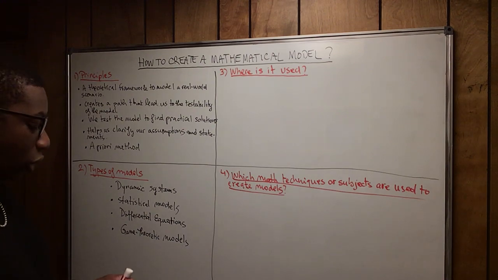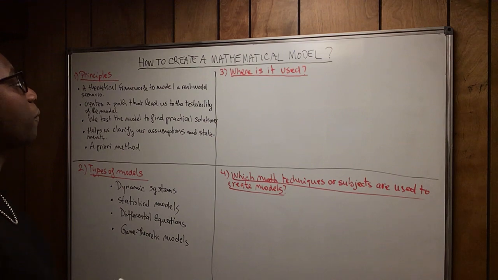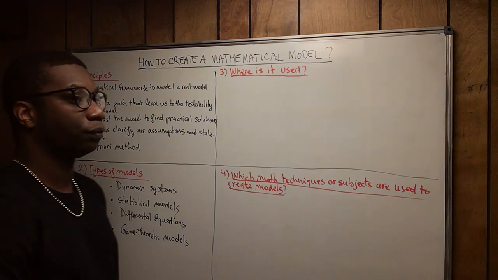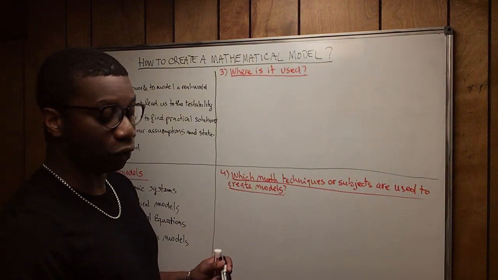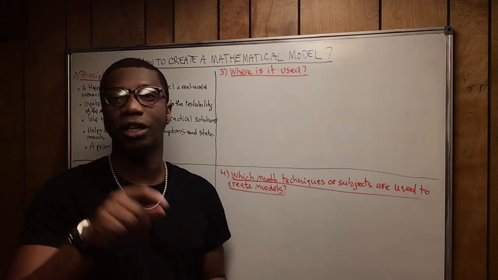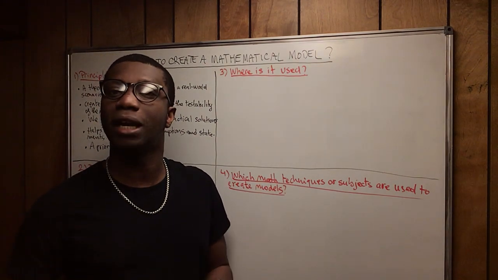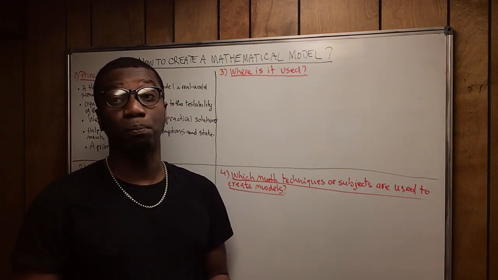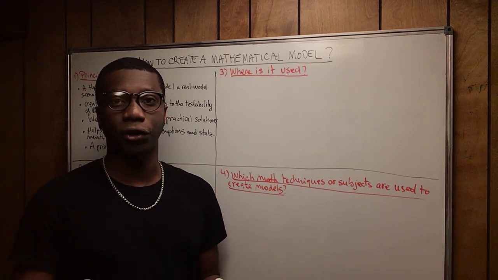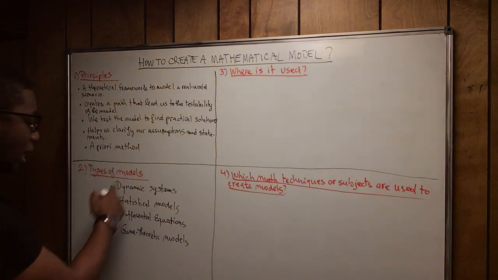So now the question is, where are mathematical models used? In fact, they're used everywhere. Even the water that you drink is based on a mathematical model, because the process of cleaning water is based on any of these models.